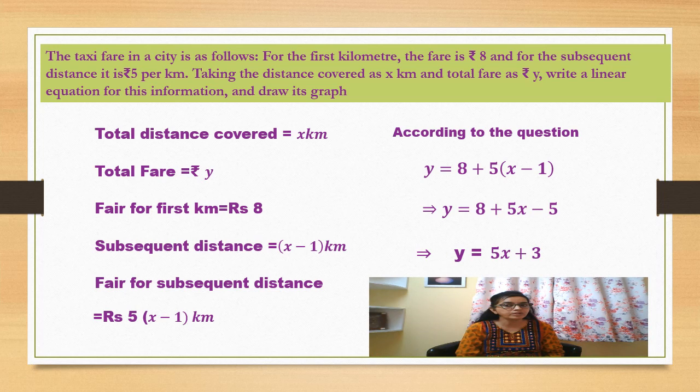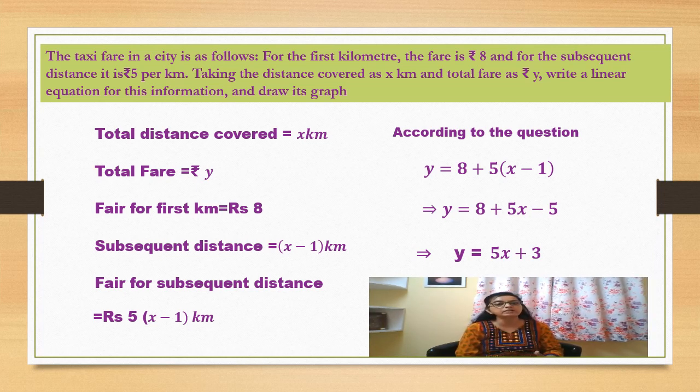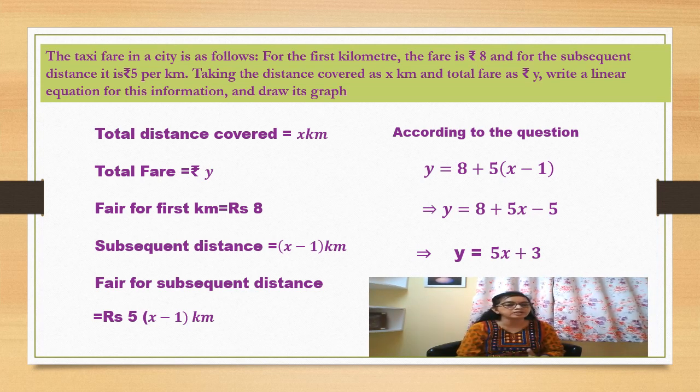In the subsequent distance, you have to eliminate 1 kilometer. It means you have to subtract that 1 kilometer. Once you subtract that 1 kilometer, that is called the subsequent distance. Means you have to remove the 1 kilometer which is charged. For that first kilometer, the charge is fixed. So the subsequent distance is x minus 1.